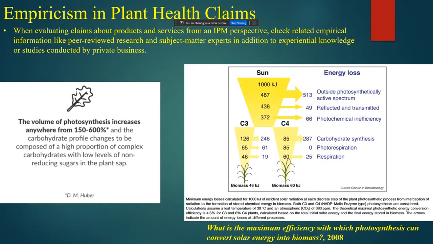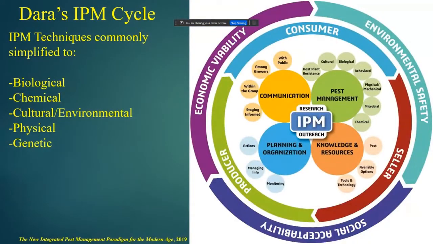And it shows very clearly, and there's other aspects to it, exactly how efficient different kinds of photosyntheses are. And it's very, very much lower. So when you see two different claims like that, ask yourself, why is there such a discrepancy? And moving forward in IPM, as you find more information and research, you should do that.